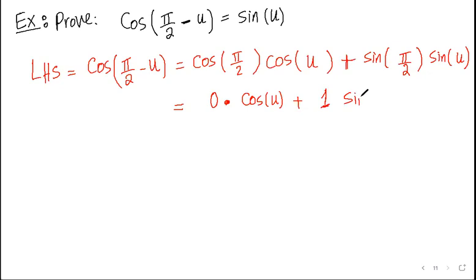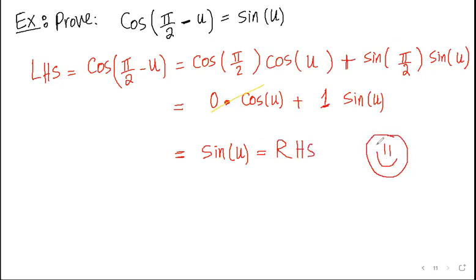Times the sine of u. 0 times anything is 0. 1 times anything is that thing. So the answer is sine of u. The left hand side is the same as the right hand side. So done. This is the proof for this example.